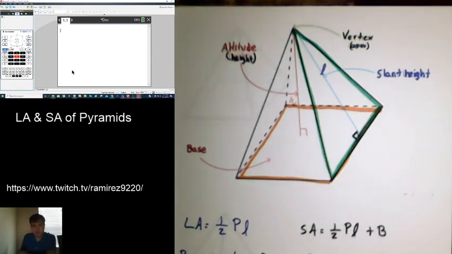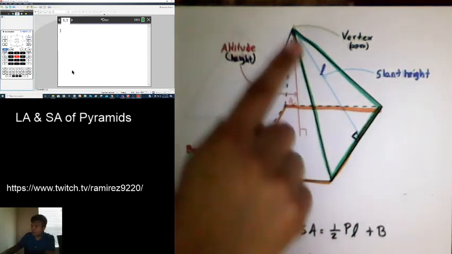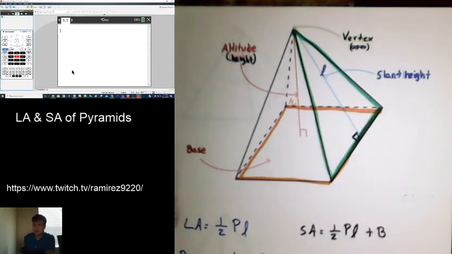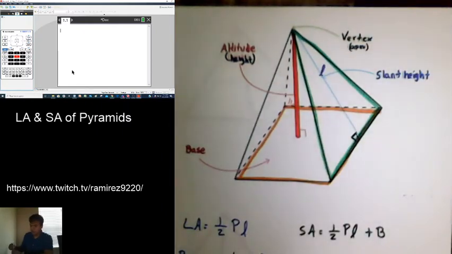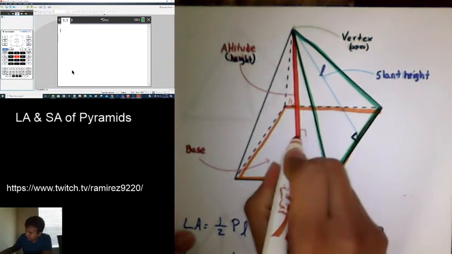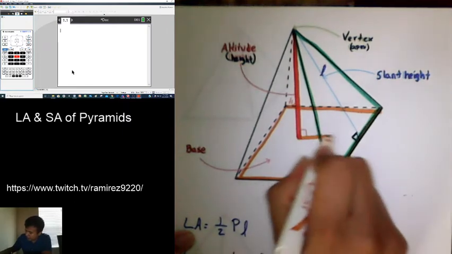Now, most of the examples we're going to be doing, guys, are going to be with regular polygons in the bottom. Okay, exception, of course, like a rectangle, but most of them will be regular. But again, this doesn't change anything. It's going to be your slanted height. Now the interesting thing here, and I hope you see this, is that when you have your slant height and your actual height of the pyramid, when we connect them, we create, and you could already see here on the picture, a right angle.